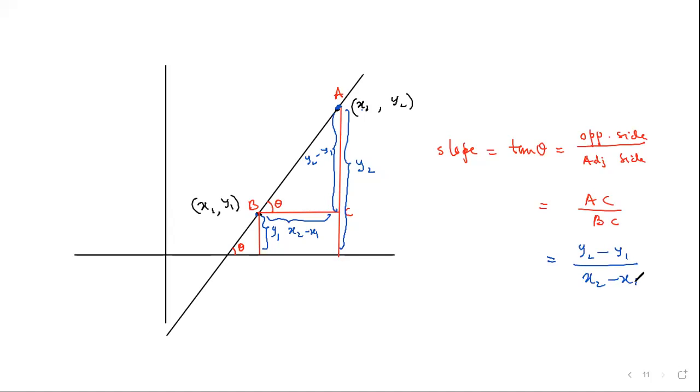Shreya, you give me the answer. Very good. When you know 2 points on the line, the slope of the line is y2 minus y1 divided by x2 minus x1. Have you noted? Slope of the line passing through capital A, whose coordinate is x1, y1, and the other point B is x2, y2.